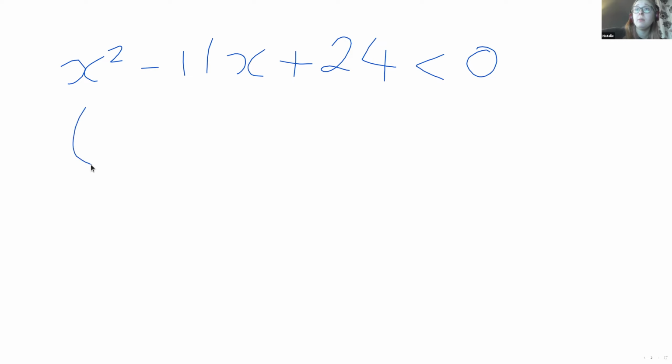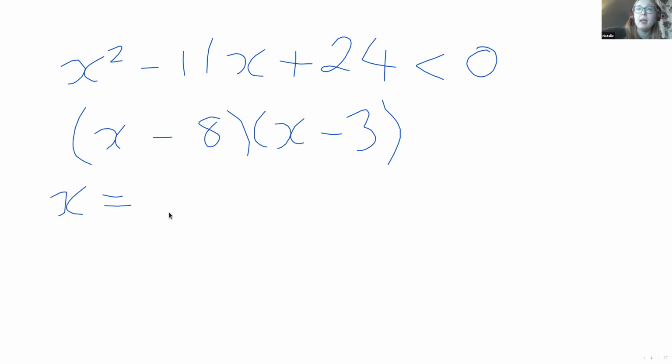So numbers that make 24, so that's going to be x minus 8 and x minus 3. Which means that my roots, if I was to draw the graph of this, would be x equals 8 or x equals 3. Now, for quadratic inequalities, it is all about the sketch.